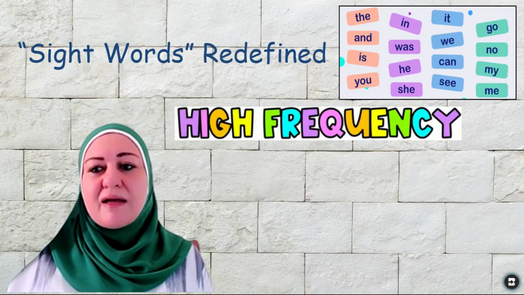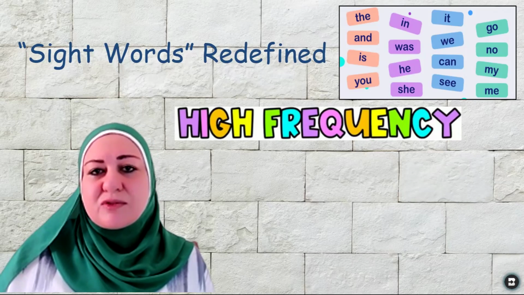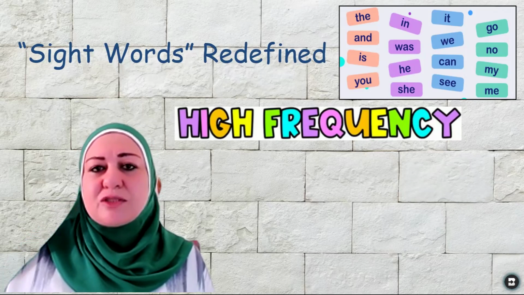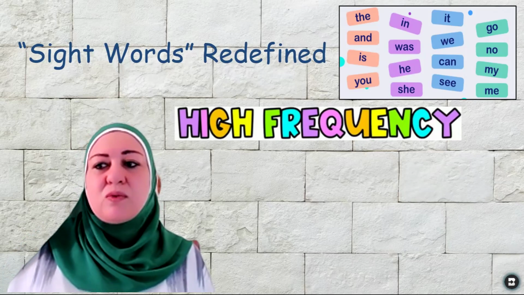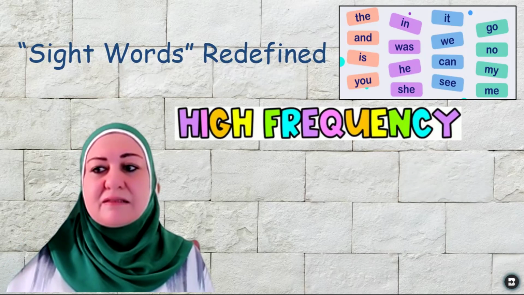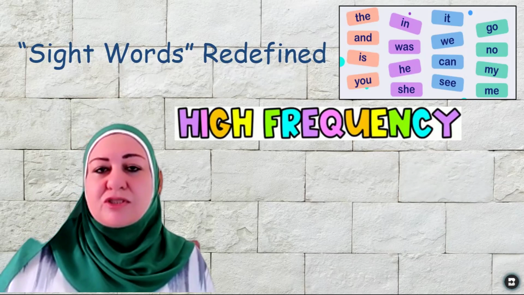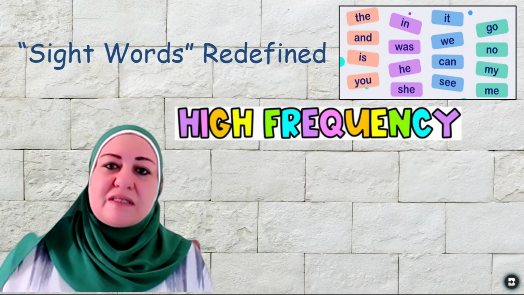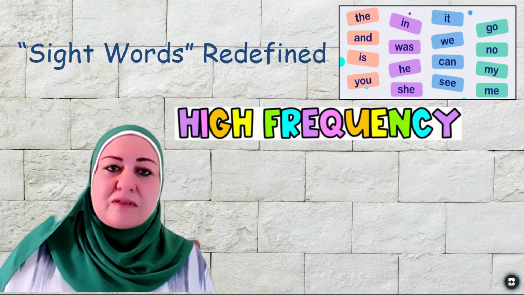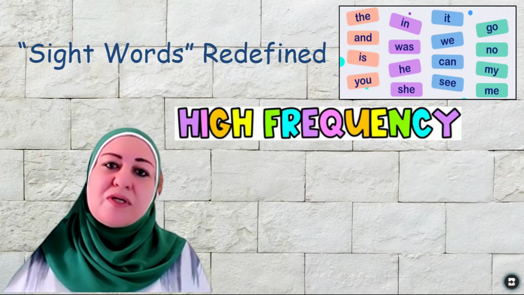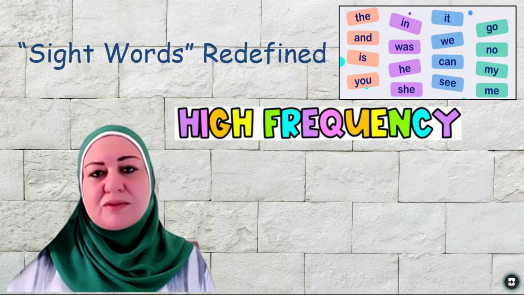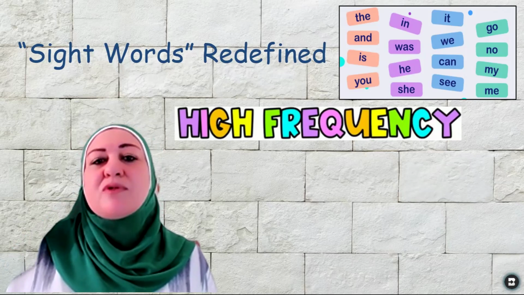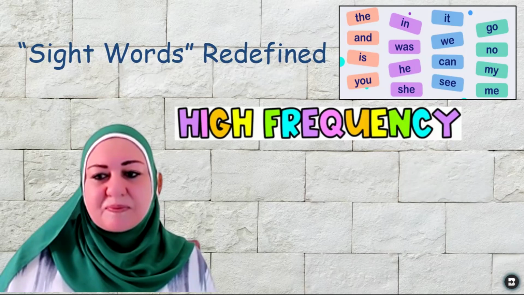Those are words that appear in many of the stories and books that children usually come across in the early years. Words like the, and, is, you, was, he or she. These are the words that they see a lot in those early texts. So we call those high frequency words. Those are the words that we want the children to learn and be able to recognize by sight.